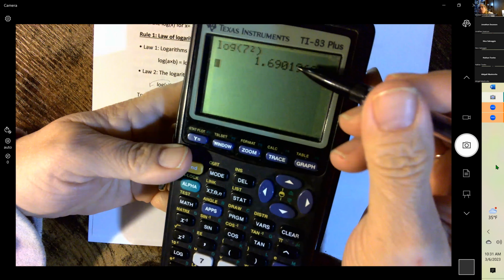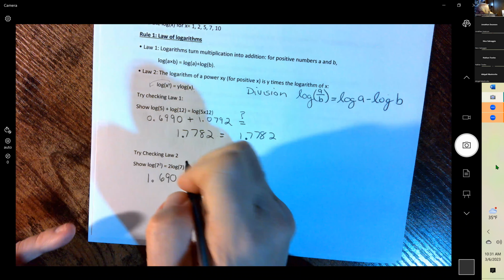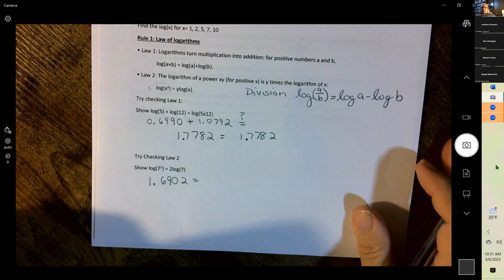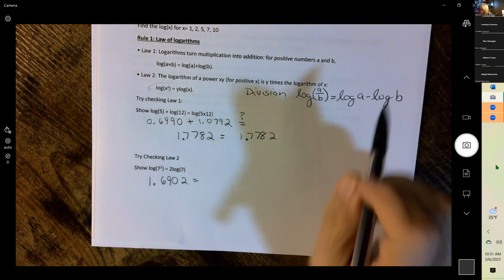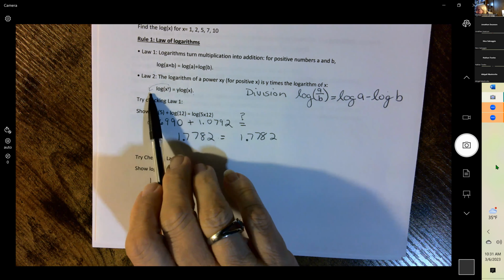The 1 is going to change to a 2 because of that 9. Now from this rule, that exponent can be brought down.